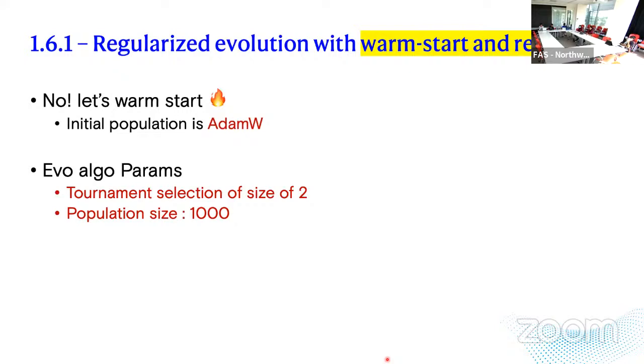Sorry, so you said the initial population is AdamW. How is the population different, or are they the same copies of the same thing? If I recall correctly, it's the same thing, but I need to actually double check.